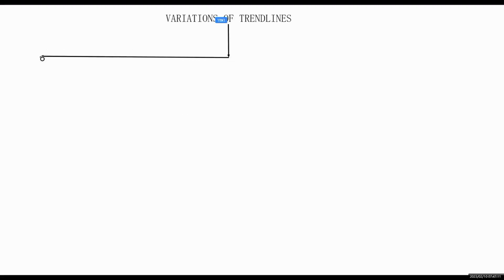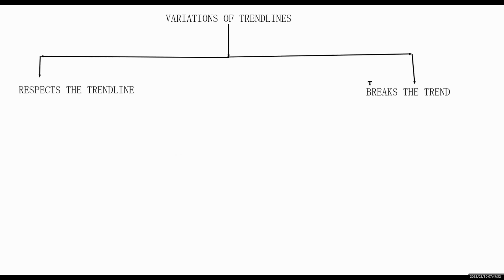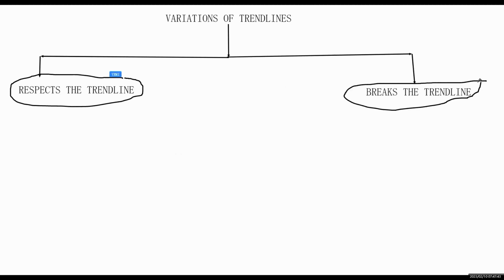The first one is price either respects the trend line, or secondly, price breaks the trend line, right? Actually, these two key scenarios in the market have different ways in which we can use our understanding of the trend line in our trend line trading to take opportunities off of this.